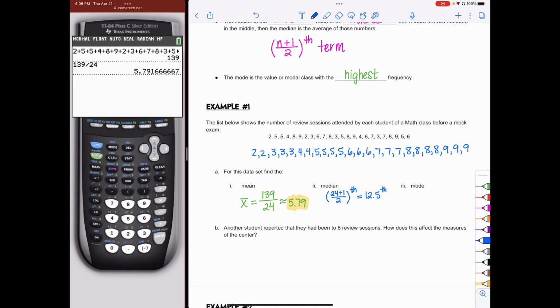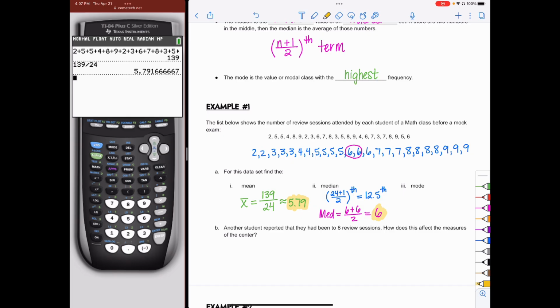If I count to 12, I'm going to be between here. When you have two numbers, you add them up and divide by 2. So my median is equal to 6 plus 6 divided by 2, which is equal to 6.